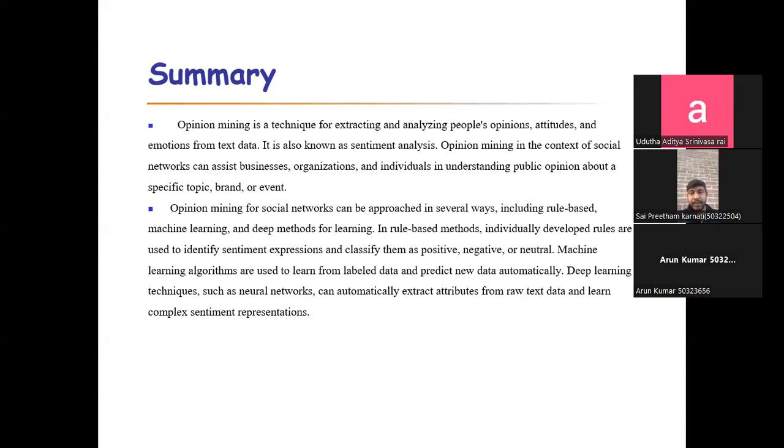In rule-based methods, manually developed rules are used to identify sentiment expressions and classify them as positive, negative, or neutral. Machine learning algorithms are used to learn from labeled data and predict new data automatically. Deep learning techniques such as neural networks can automatically extract attributes from raw text data and learn complex sentiment representations.